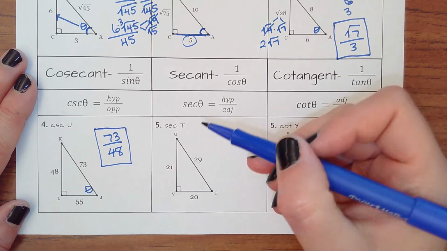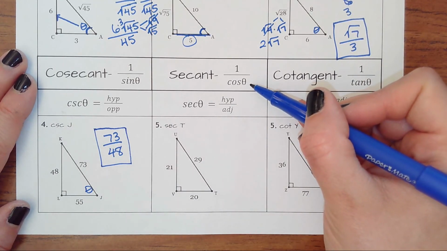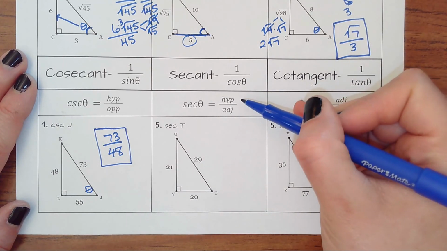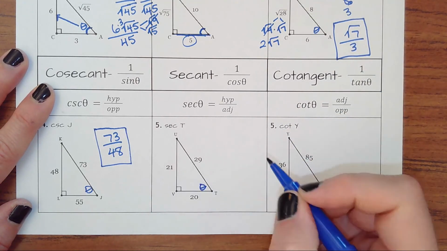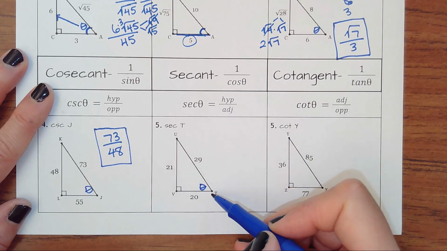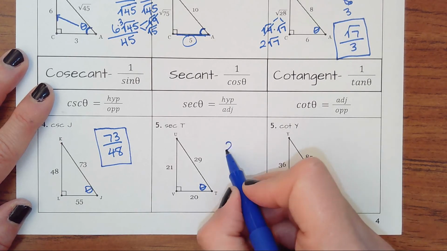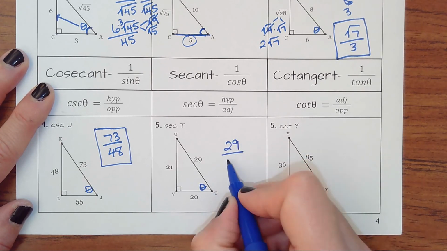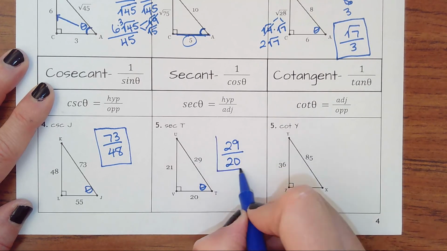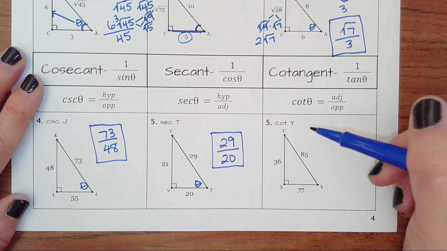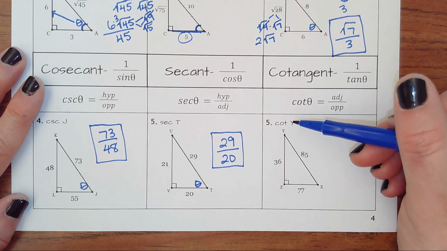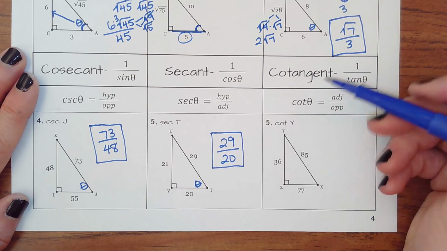Okay, secant is the reciprocal of cosine. So where cosine was adjacent over hypotenuse, now we have hypotenuse over adjacent. Going from angle T, we would have our hypotenuse being 29 and the adjacent being 20, and that can't reduce. I believe it was these you had to do Pythagorean theorem on Delta Math. And then cotangent of y, well, we switch it up on us.